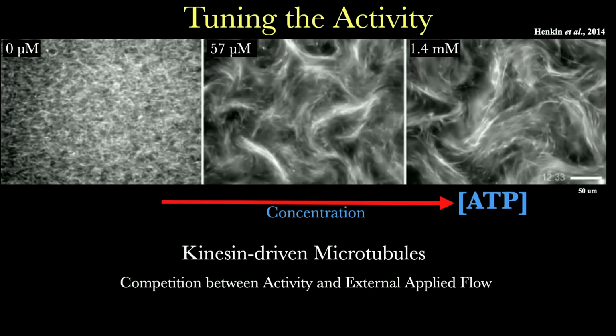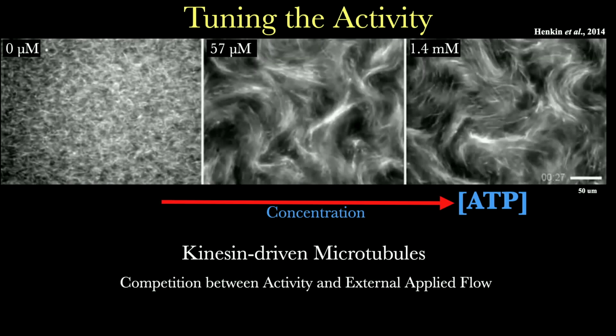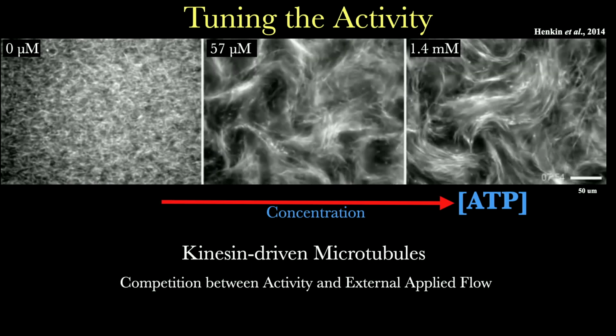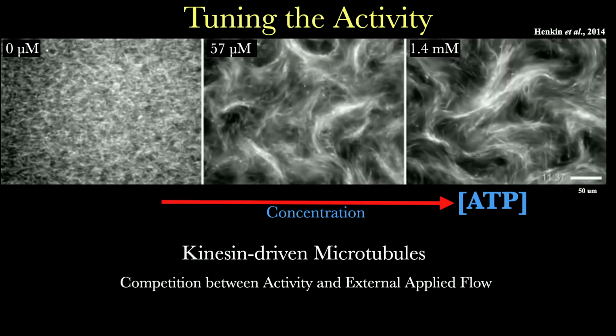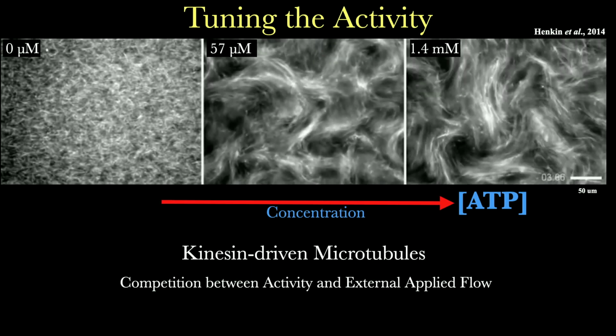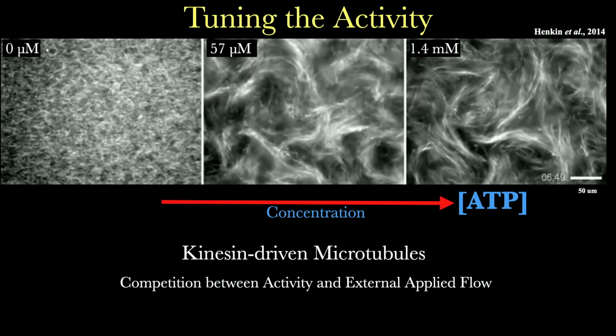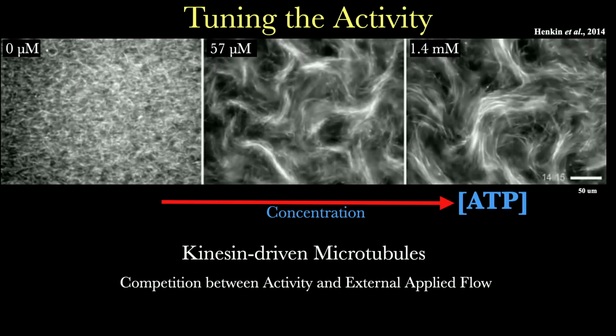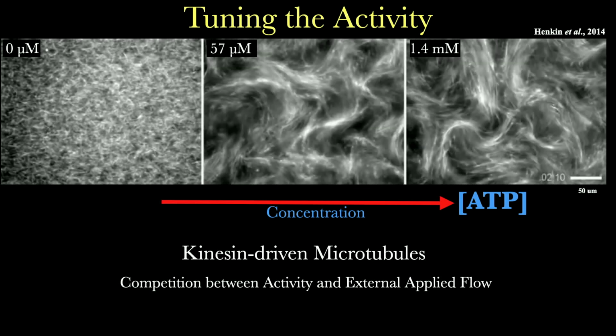The thing I want to point out is that the structures here are about the same. The mechanical states that I would find are not changing the actual physical shape of this object. If I stopped the movie, you wouldn't be able to tell me which one was 57 and which one was 1.4. That's the point.